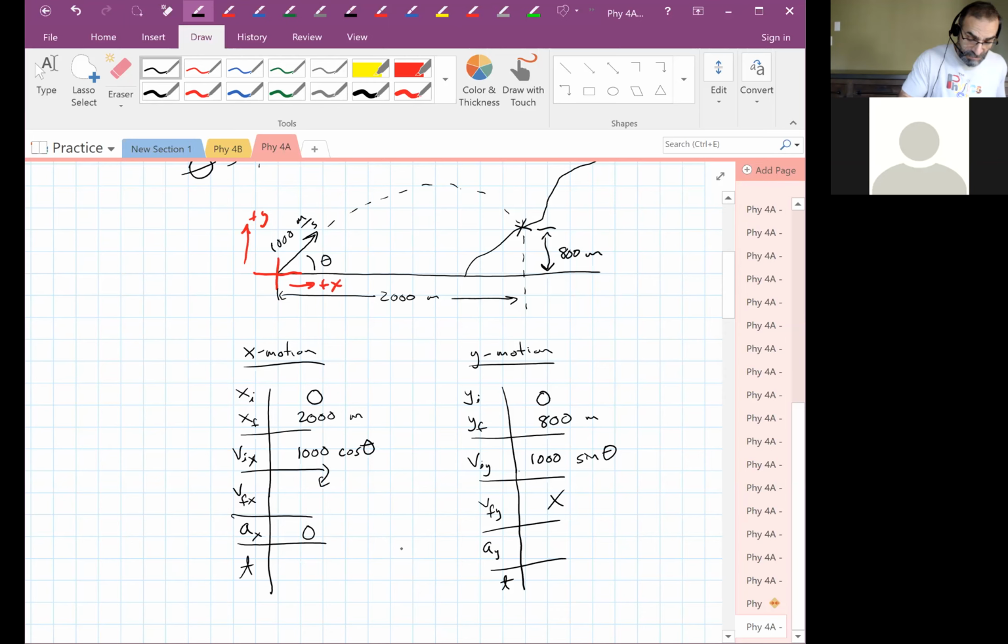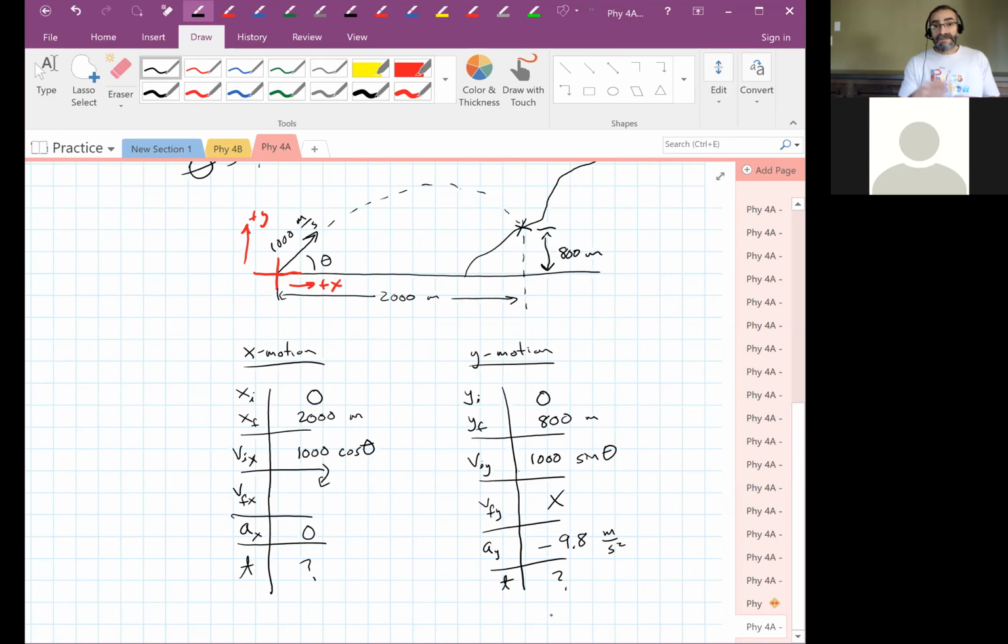Acceleration in the x is 0. Time, we don't know. Acceleration in the y is just gravity. This object is in free fall. Gravity is the only thing acting on it. So it's in the negative direction, and time we don't know. So normally what would we do?